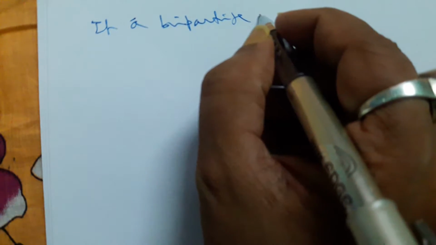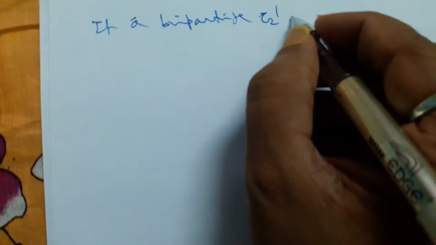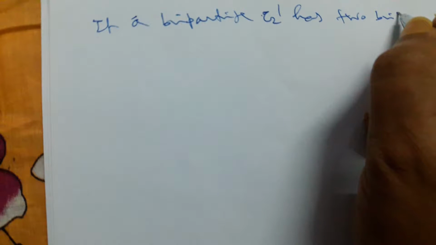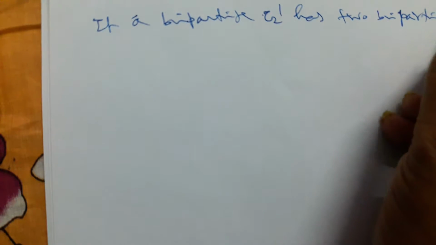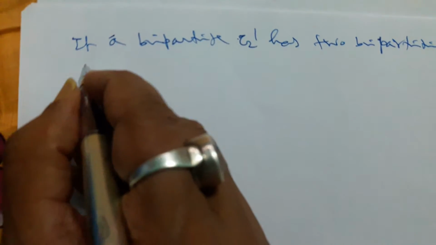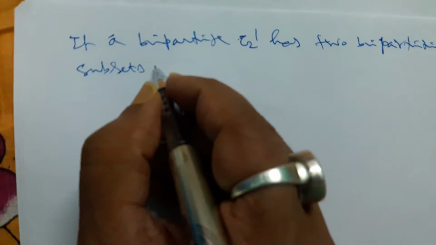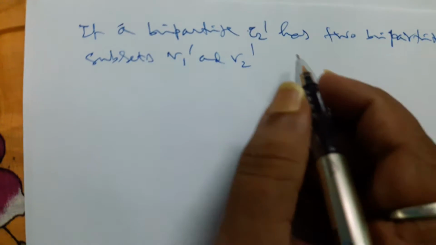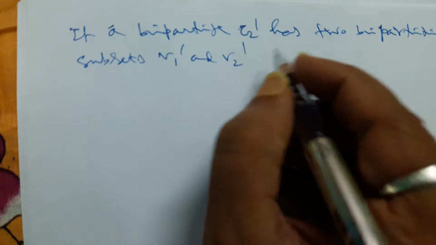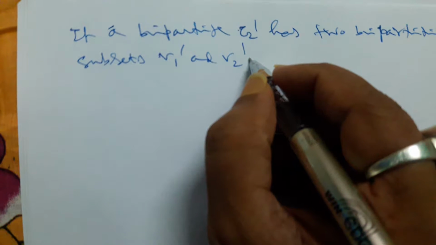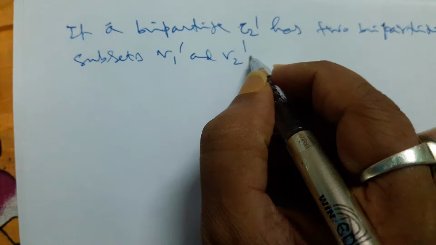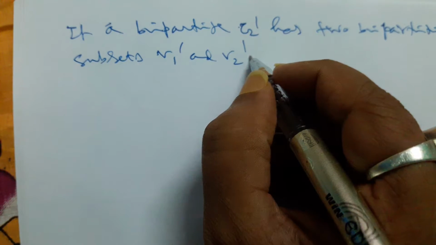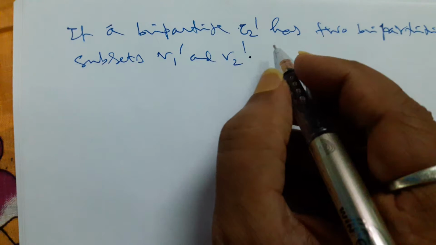Let us consider a bipartite graph G dash that has two bipartition subsets V1 dash and V2 dash.